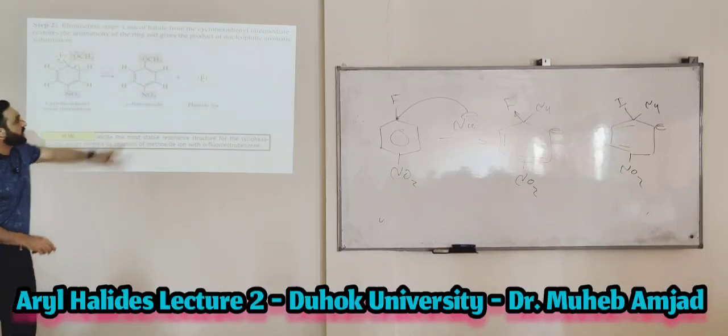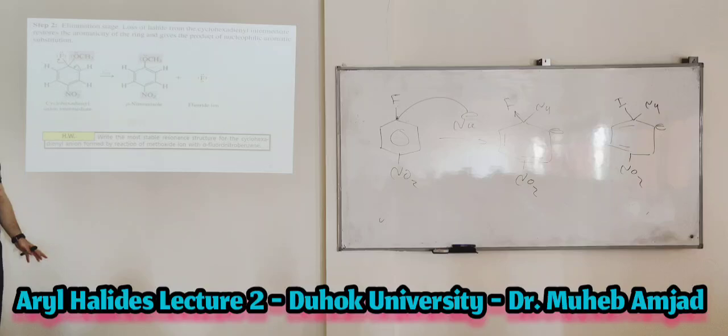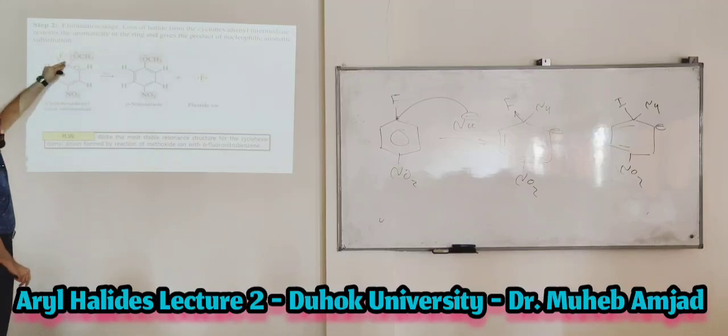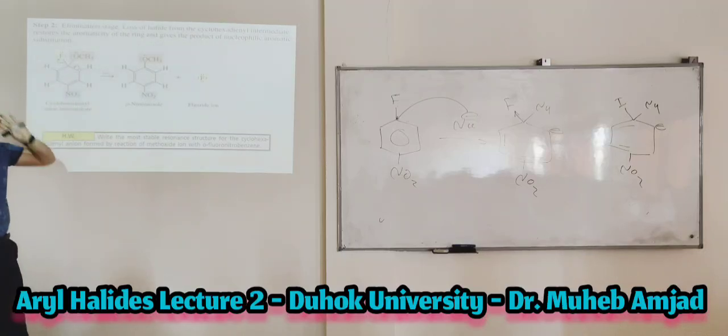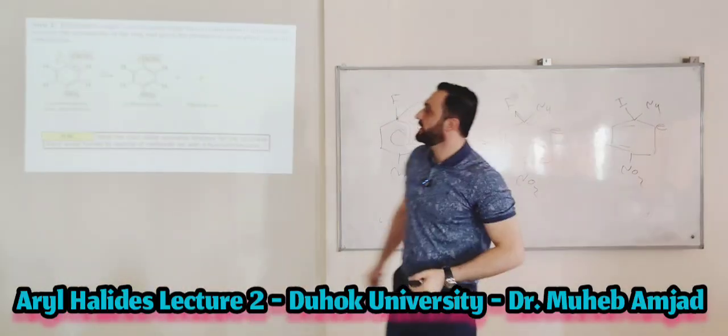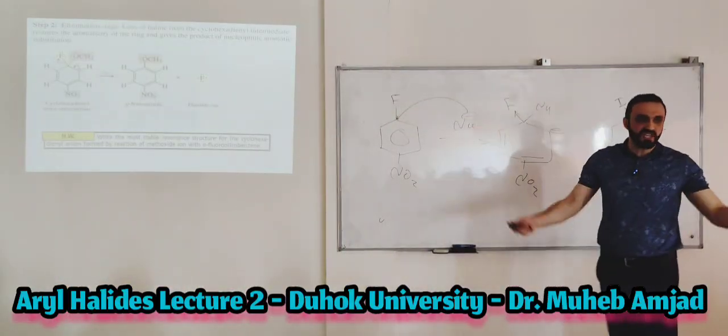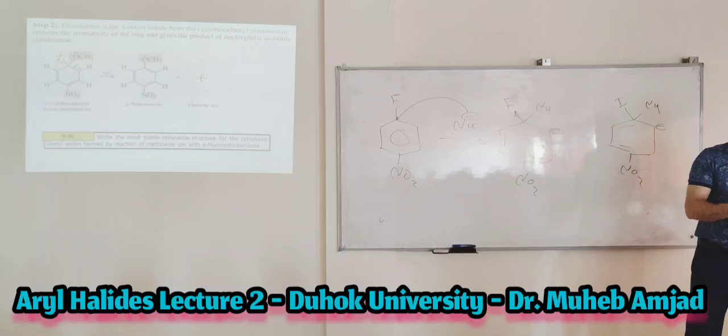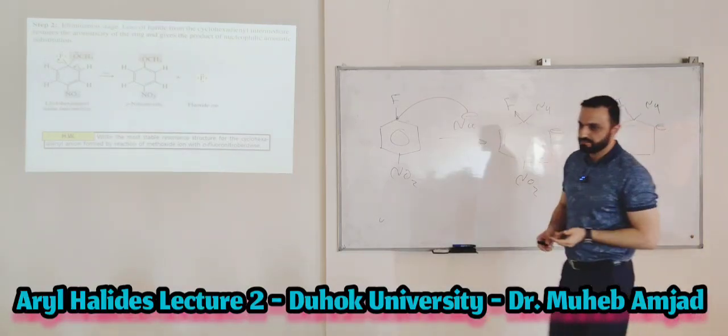This is the product. How does the leaving group leave the structure? This shift of electrons makes a pi bond, and the fluorine, the leaving group, leaves the structure. This is the elimination step. This is the two-step mechanism: addition, elimination, nothing else.